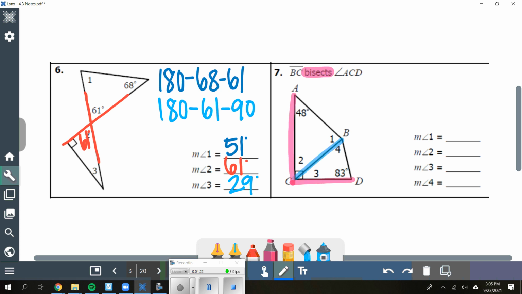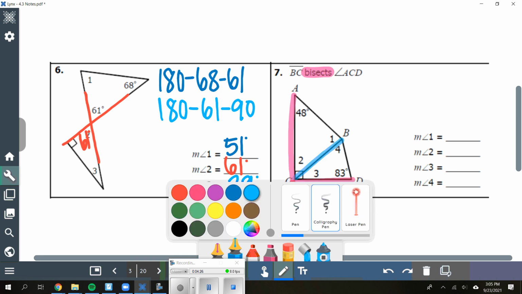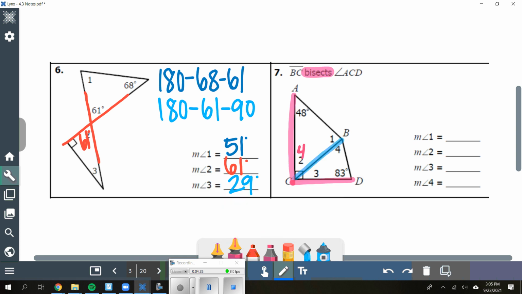Well, ACD is 90 degrees, which means if you're going to cut in half, both of those are going to be 45 degrees. So go ahead and pause the video and finish finding angles 1 and 4 on your own.